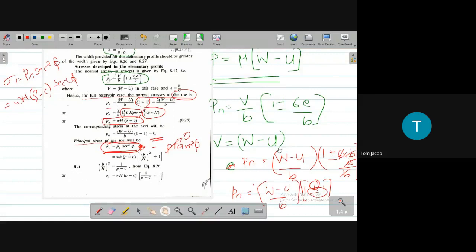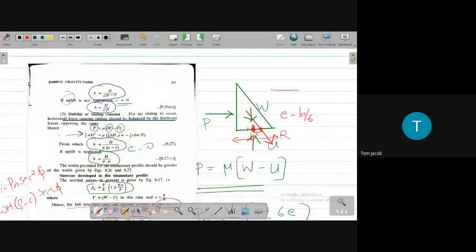In the elementary profile, look here, this is the angle phi, this is capital H, and this is small b. So we have tan phi equal to b by H.